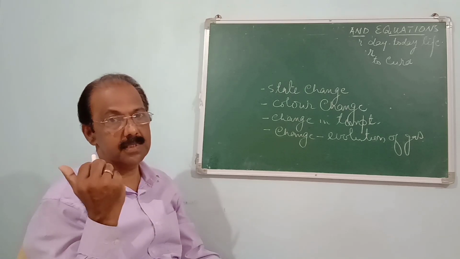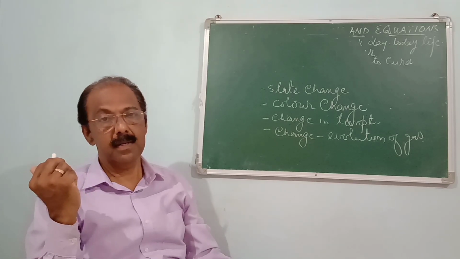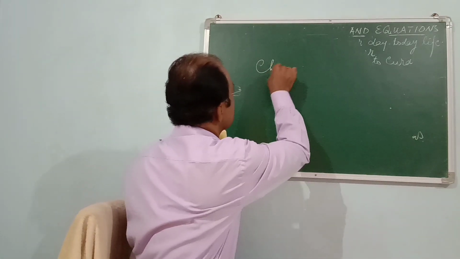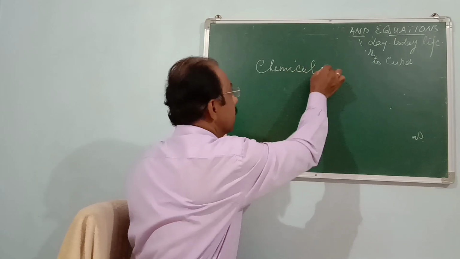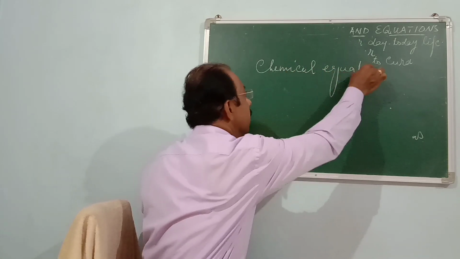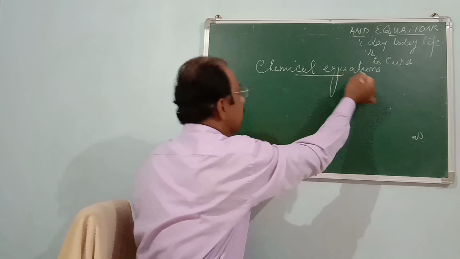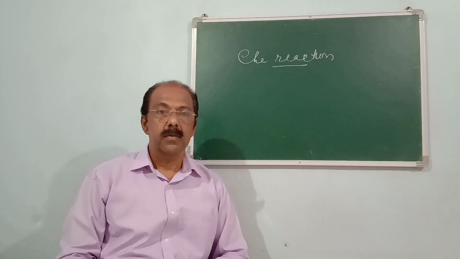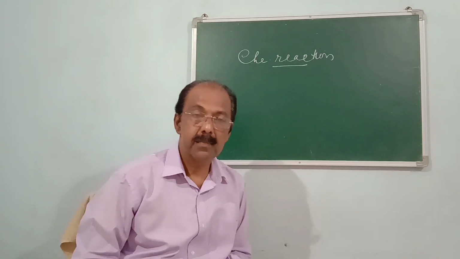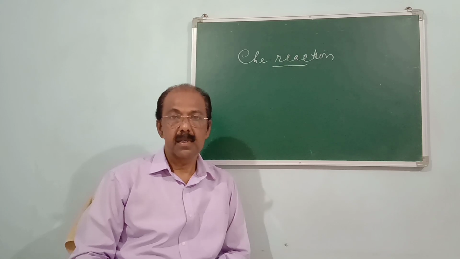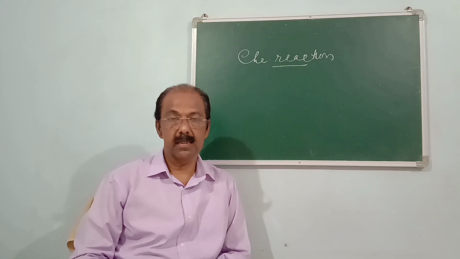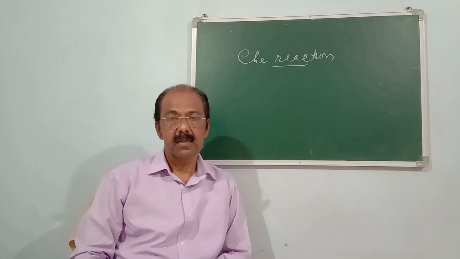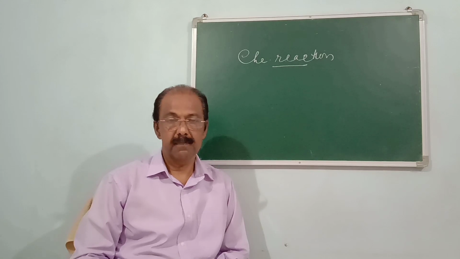What are chemical reactions? Now we see chemical equations. What is a chemical equation? A chemical equation is a summarized form of a chemical reaction, an abbreviated form of a chemical reaction.